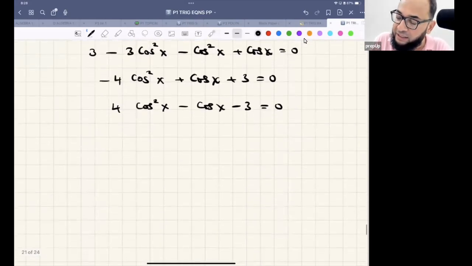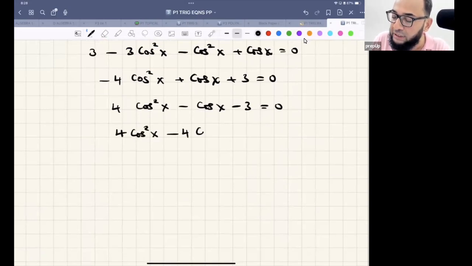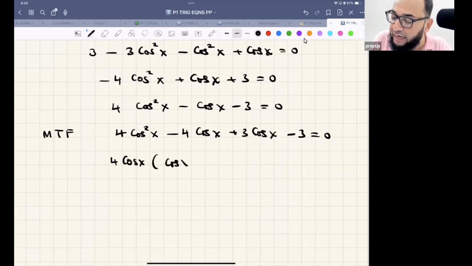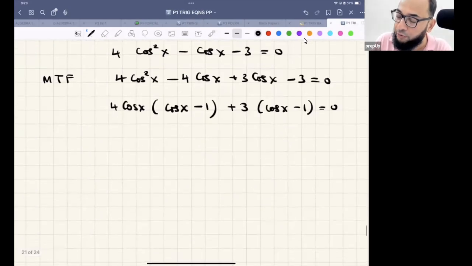Now let's factorize. 4 cosine square x minus 4 cosine x plus 3 cosine x minus 3 equals 0. This is middle term factorization. 4 cosine x, bracket x minus 1, plus 3 cosine x minus 1 equals 0.